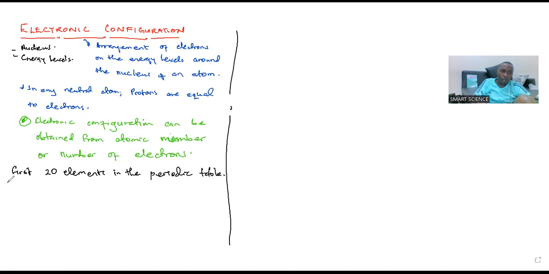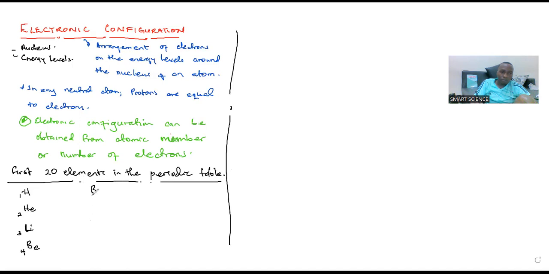you're going to realize that the simplest is hydrogen with atomic number 1. Second to hydrogen is helium with atomic number 2. Lithium with atomic number 3. Beryllium with atomic number 4.